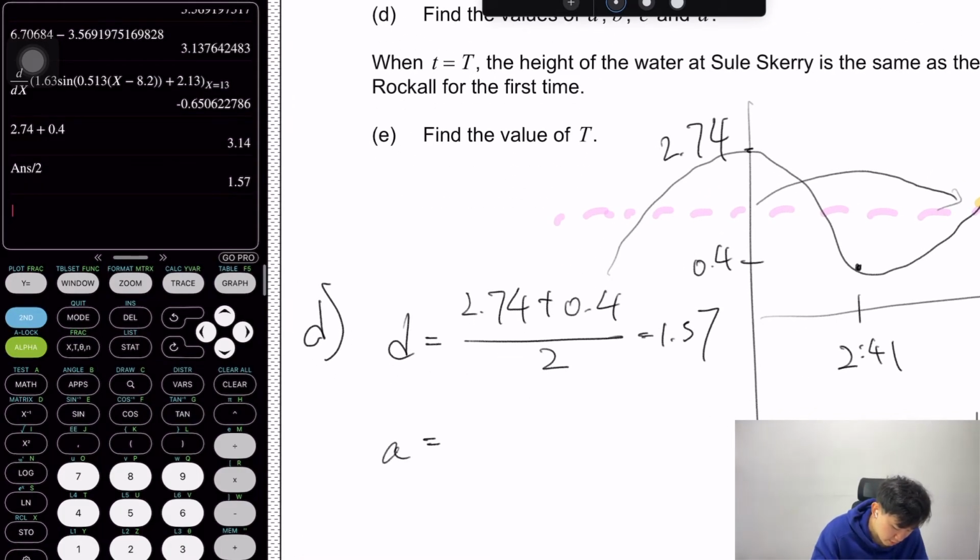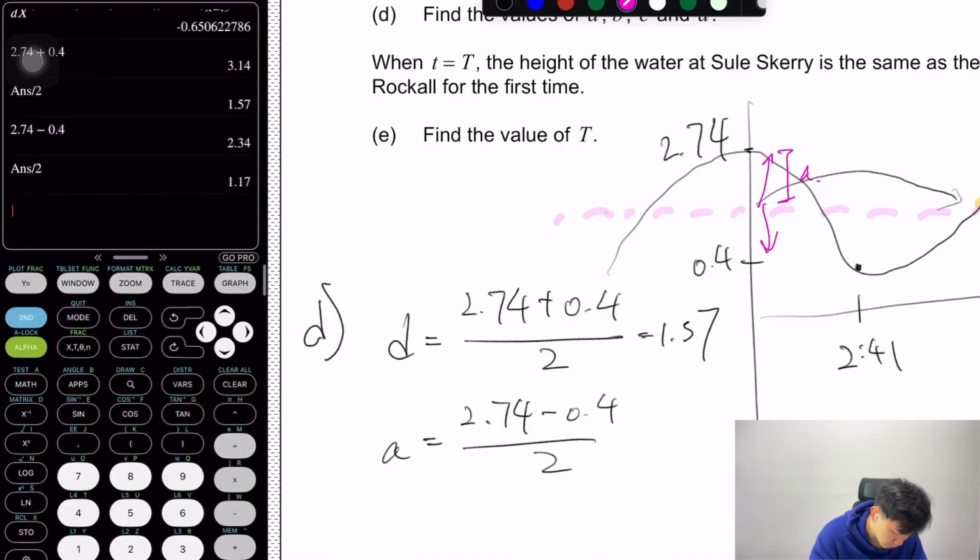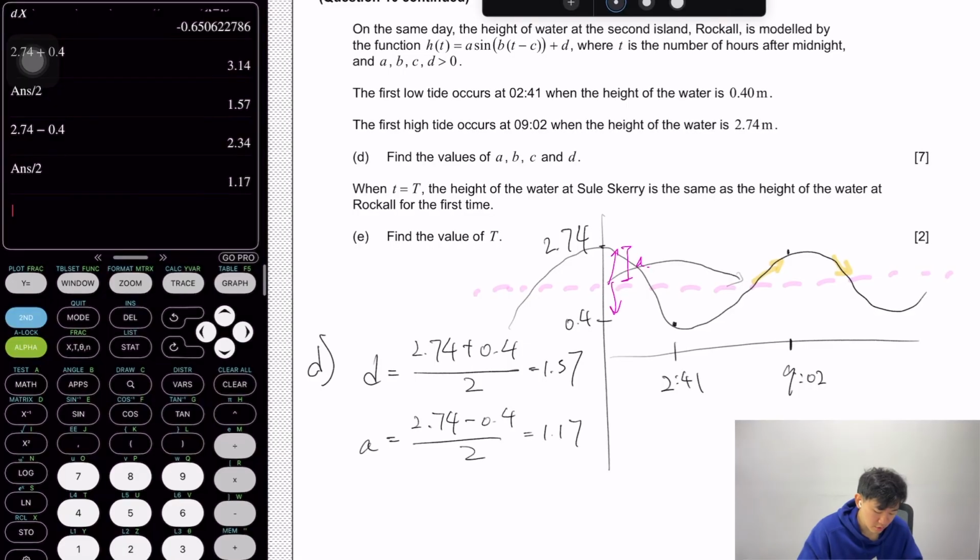Our A is the maximum minus the minimum, divided by 2. We're trying to find the magnitude, that means how far it fluctuates up and down. So 2.74 minus 0.4 divided by 2 is 1.17. Okay. So this is pretty straightforward.